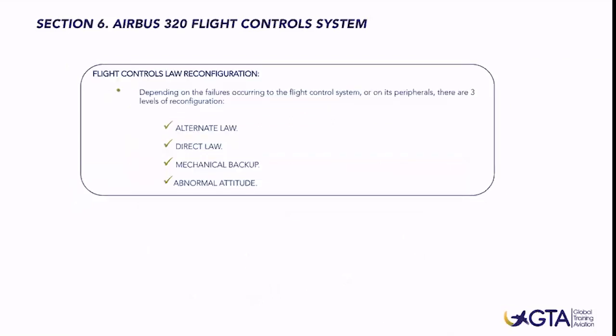Well, flight control reconfiguration laws: depending on the failures we get in flight, which system we are losing, which failures or malfunctions, the law will change from normal law to alternate law, direct law, mechanical backup, or abnormal attitude. Well, alternate law: we basically have the load factor limitation protection, which is basically the same as normal law.